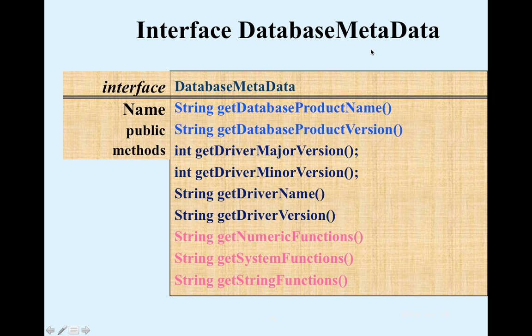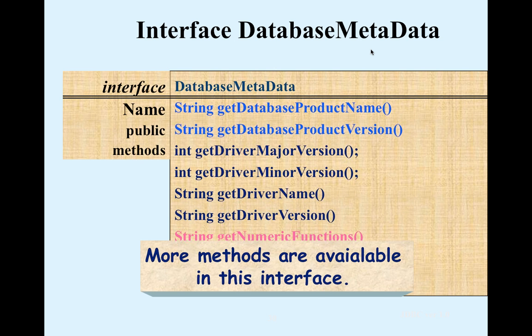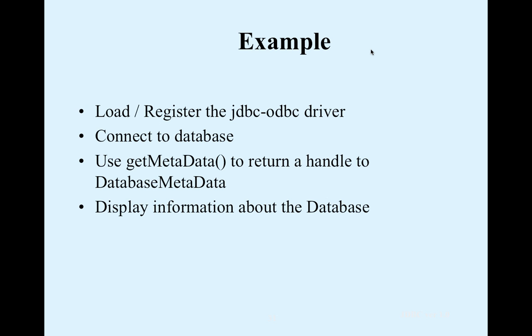Previously you saw ResultSetMetaData, right? Wherever you come across the metadata word in the Java world, it's giving you more information about that. The getMetaData method of the connection interface returns the handle to DatabaseMetaData. More methods are available in this interface.